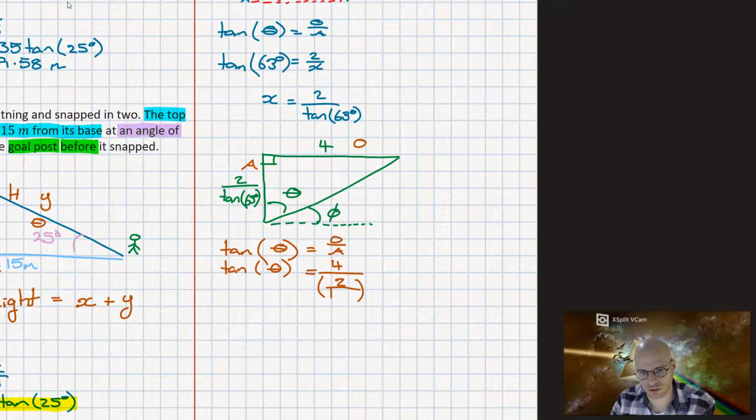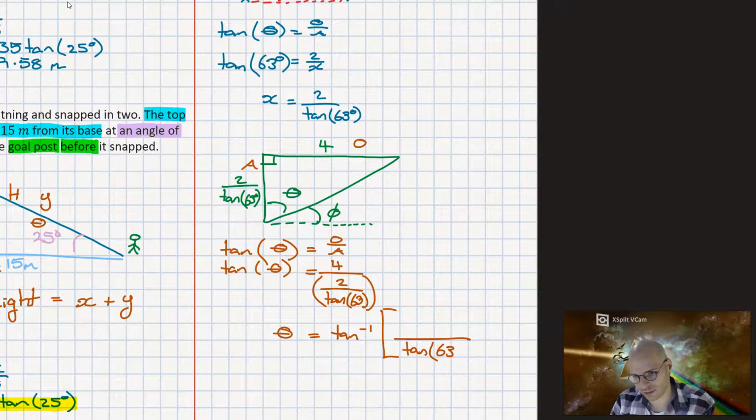We go 2 over tan 63 degrees, like so. Alright, now we're going to take the inverse tan of all of this. So we go inverse tan, and then we have tan 63 all the way down in the bottom, then 2 upstairs like that, and then on the very top we have 4. Alright, so this is our theta.